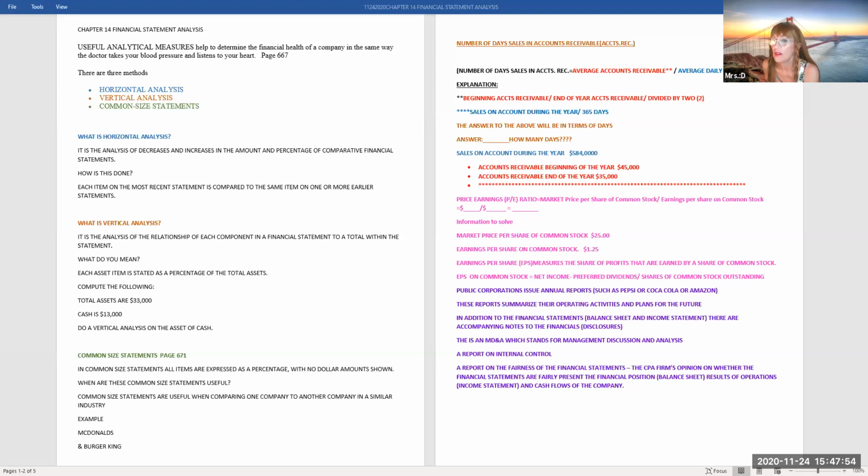And the number of days in the year for purposes of this calculation is 365 days. All right, that's for the next step, I take that back. We're going to do that in the average daily sales, we'll need that 365 days. So could you take the beginning accounts receivable and add it to the end of the year accounts receivable, divide by 2, and type in the chat box what you get?